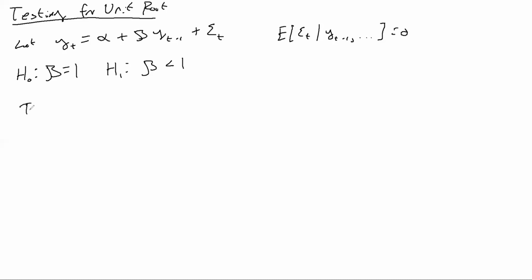In order to be a stable process, the absolute value of beta has to be less than 1. It could be 0.99, it could be negative 0.99, which is pretty close to 1, so that could be a problem, but the absolute value has to be less than 1.